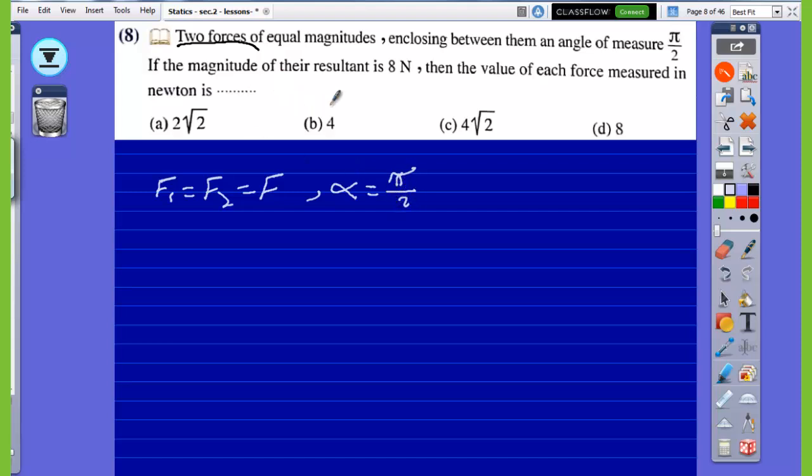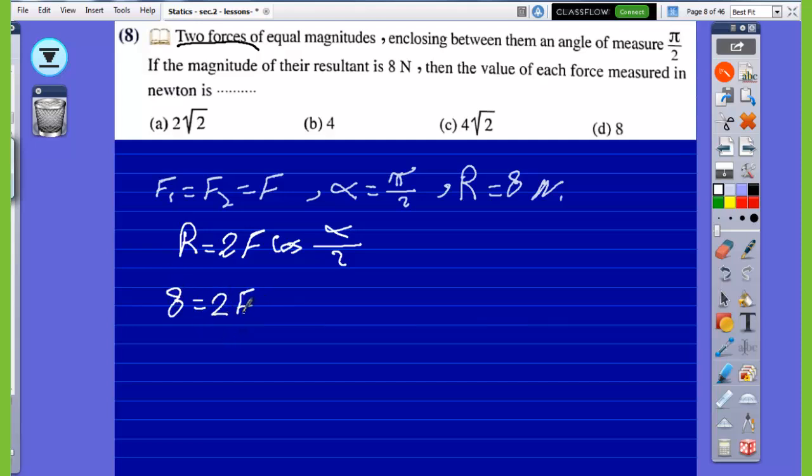If the magnitude of the resultant is 8, R equals 8 Newton, then the value of each force measured in Newton is, again we'll use the same rule. R is 8 equals 2F cosine alpha over 2, and the alpha equals pi over 2.